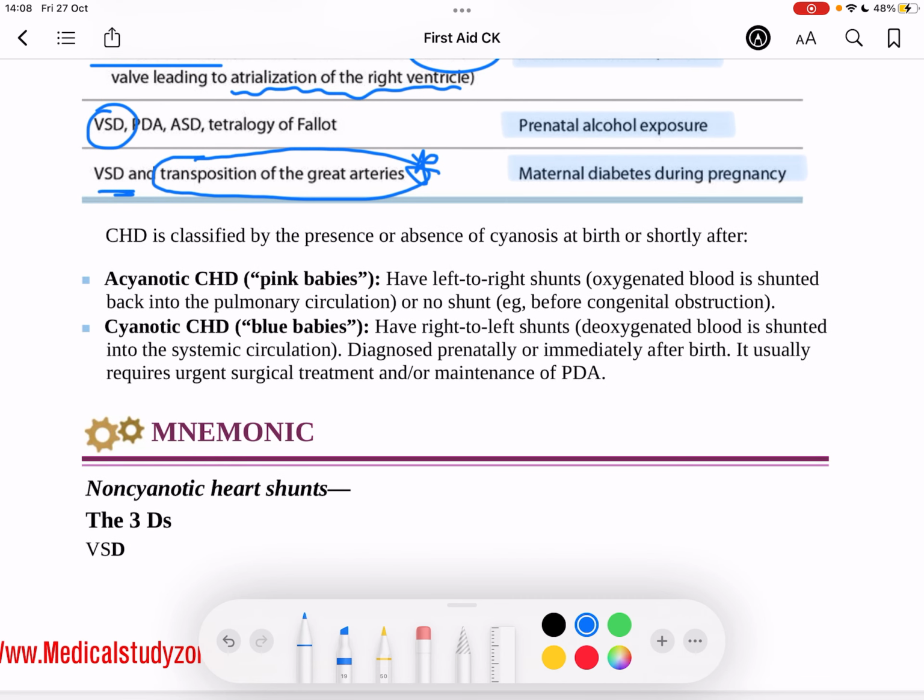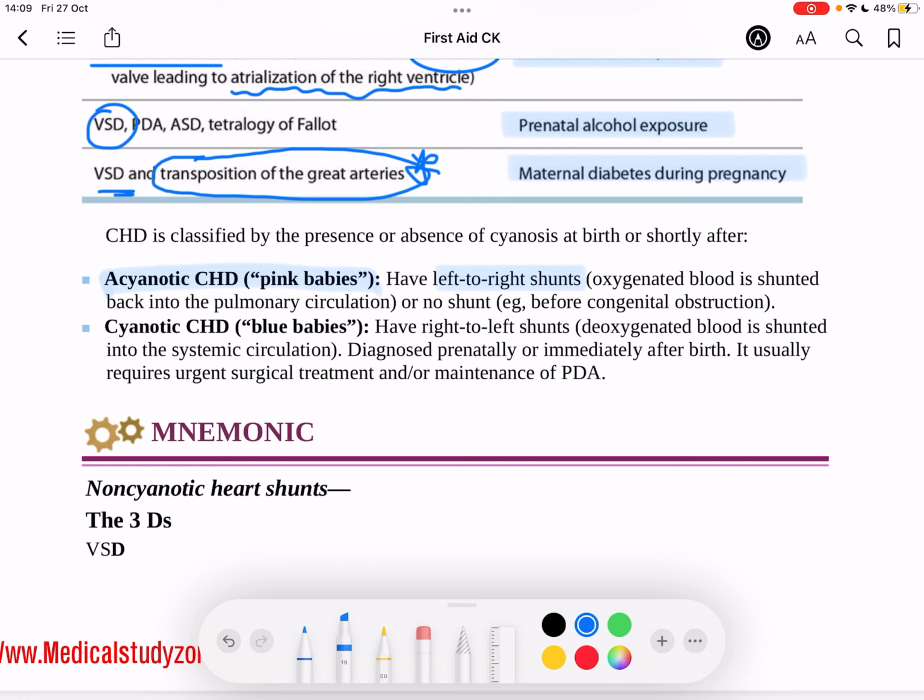The most important categorization that we can have about this is whether we have an acyanotic congenital heart disease or a cyanotic. The acyanotics, these are called the pink babies. These have the left to right shunt, so we're going to have oxygenated blood moving into deoxygenated areas. Or it can be due to no shunt, like an obstruction.